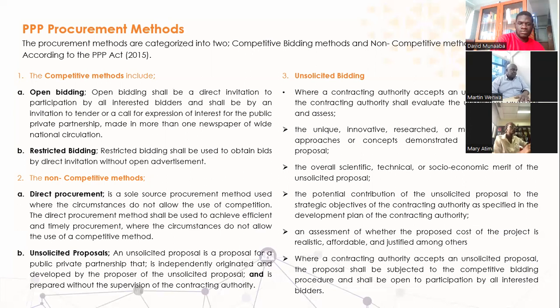The second non-competitive method is the unsolicited proposal, which is a proposal for a public-private partnership that is independently originated and developed by the proposer and is prepared without the supervision of the contracting authority.